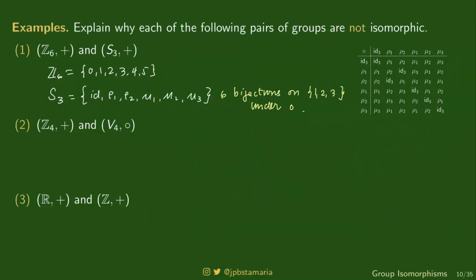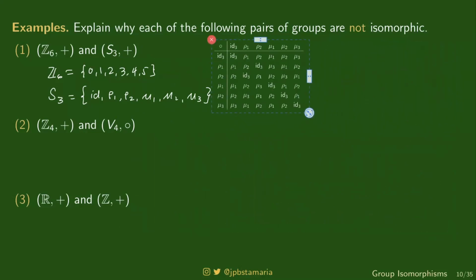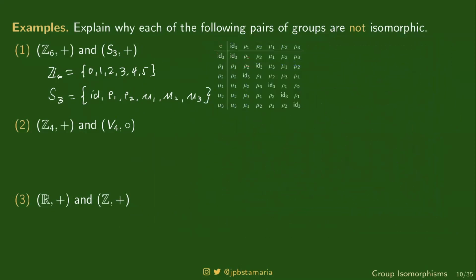Sige nga. Bakit ang Z sub 6 hindi isomorphic sa S sub 3? Can you give me a reason for this? What justification would suffice? Bakit hindi parehas?